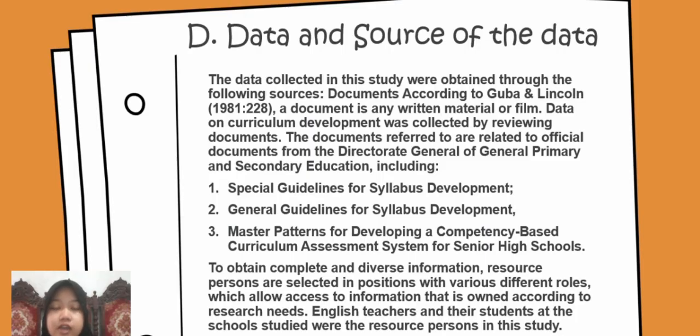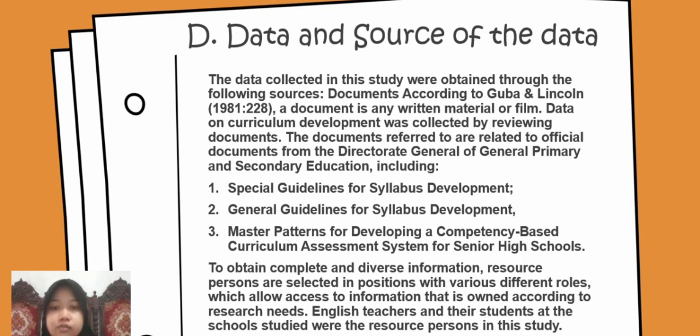And next, data and source of the data. The data collected in this study were obtained through the following sources. The first, document. According to Cooper and Lincoln, a document is any written material or film.